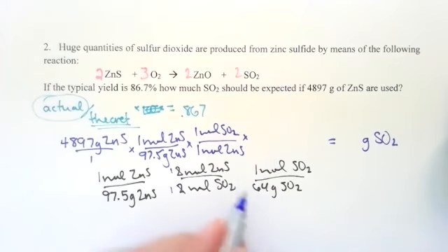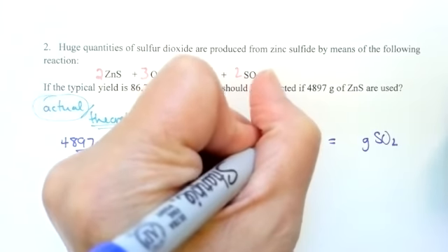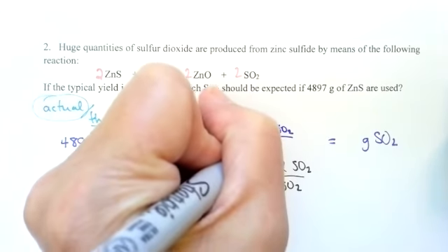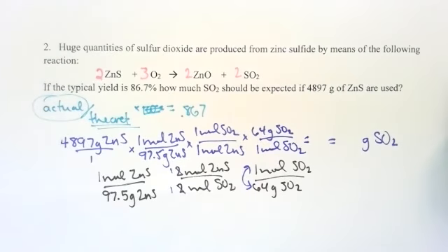And then finally, the last one's going to have to flip because I have moles on the top. When I multiply and divide, I multiply 4897 by 64, and divide that by 97.5.